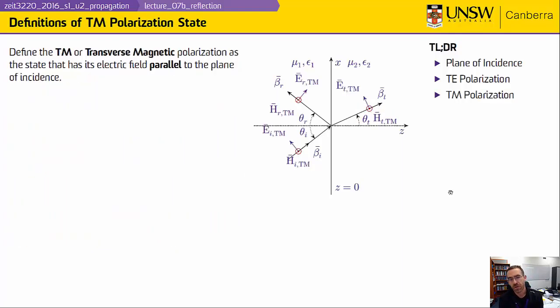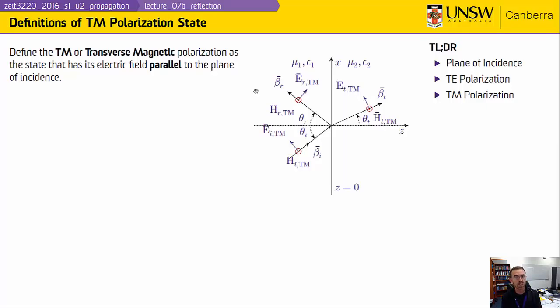On the other hand, we can define a transverse magnetic wave. A transverse magnetic wave is defined so that the magnetic field is orthogonal to the plane of incidence. If the magnetic field is orthogonal to the plane of incidence, then the electric field is parallel to the plane of incidence. So we're referring to these as TE and TM, but you will also hear people say parallel and perpendicular. The state we're looking at now is parallel polarized.